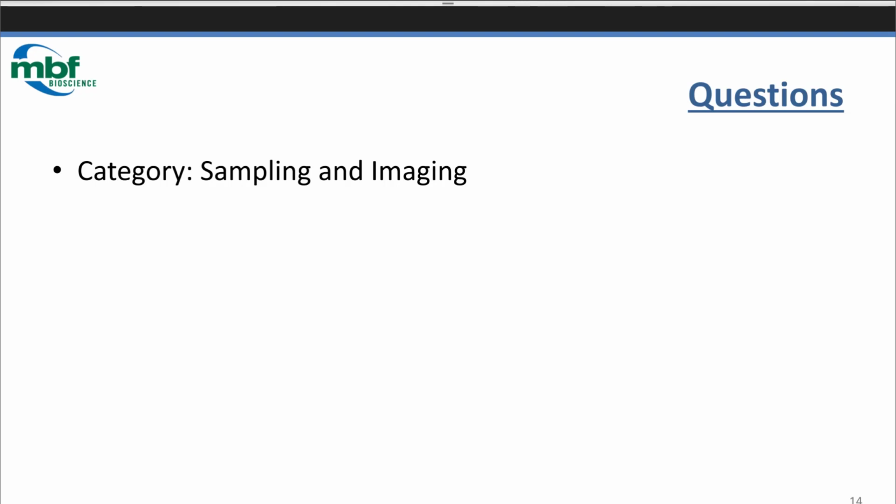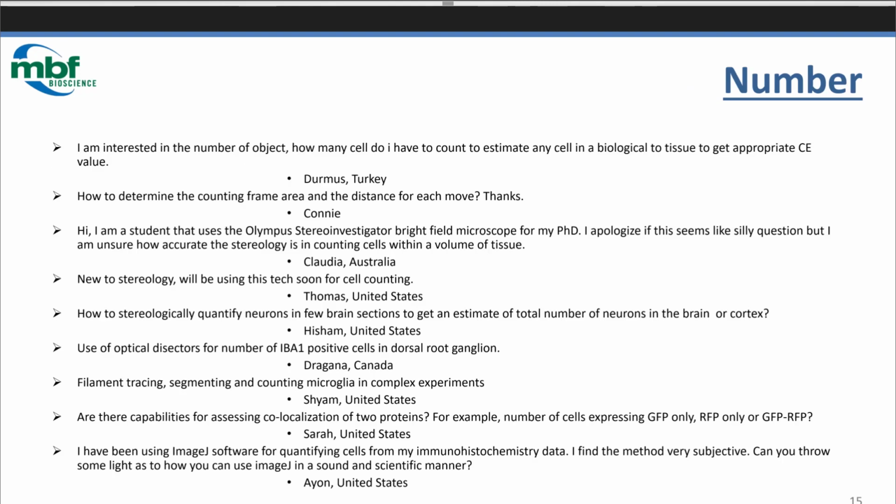Now let's get into the actual details of estimating number, because we have a lot of questions here, and this is by far what we got the most questions about compared to length, surface, and volume. There were a lot of questions about those too.